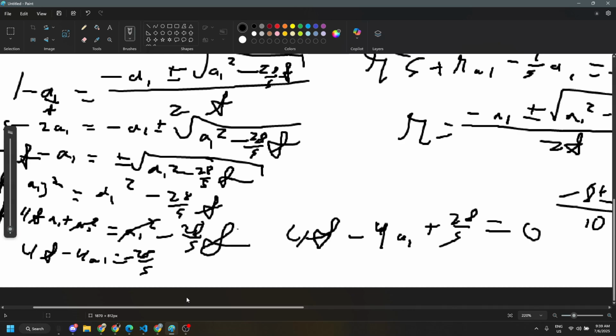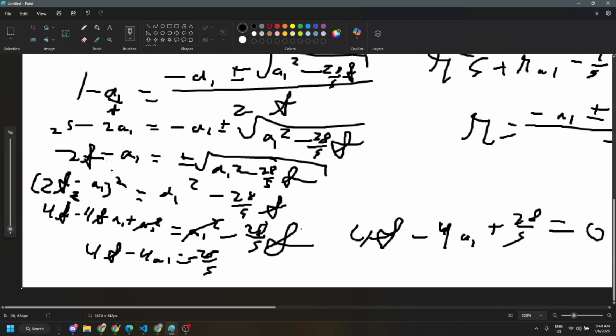How does this make any sense? Because we know both S and A1 are integers. So how, subtracting them, you can't get a fraction.